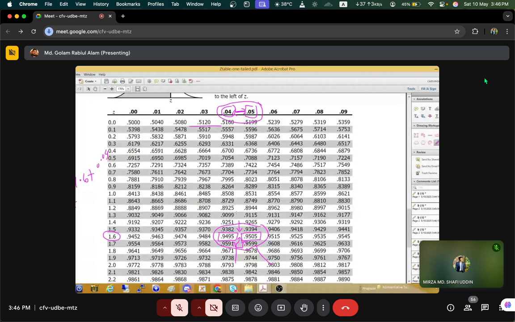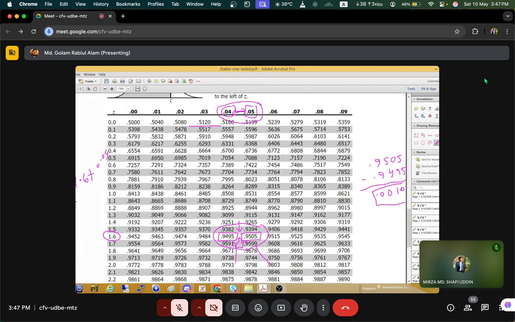In this case, the difference is 0.9505 minus 0.9495. What's the difference? It is 0.001.